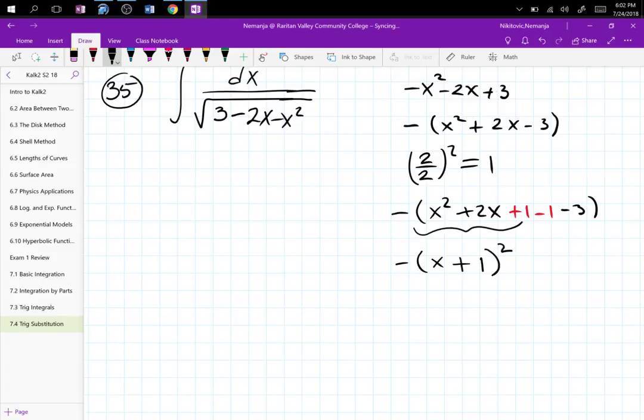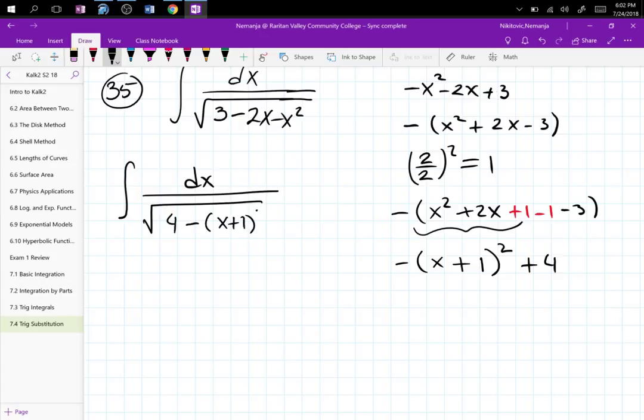This is negative 4, but because of the minus, it's going to be plus 4. So the integral after completing the square is dx over the square root of 4 minus (x plus 1) squared. We transformed the problem into this.